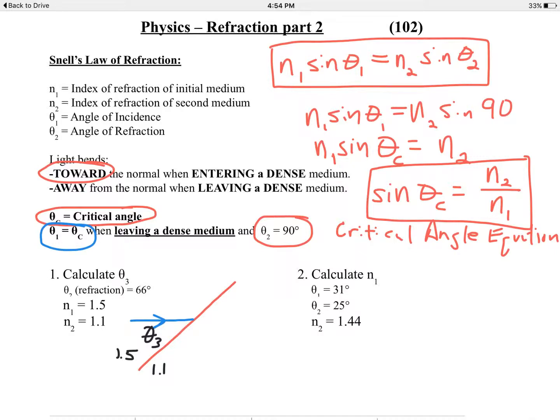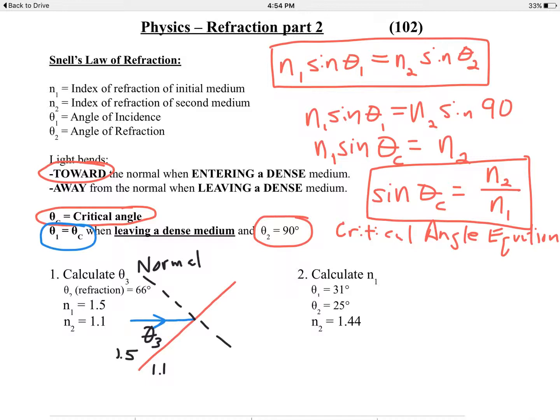But bottom line here is if I draw the normal, and when you do these diagrams, you always want to draw these normals. That's a line perpendicular to the surface between the two mediums. So that's the normal once again. When that ray of light goes into that medium, since we're going from a more dense to a less dense medium, whenever you change speeds like this, the light beam is going to bend.